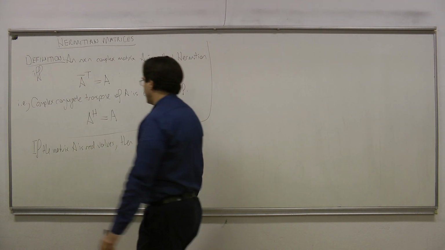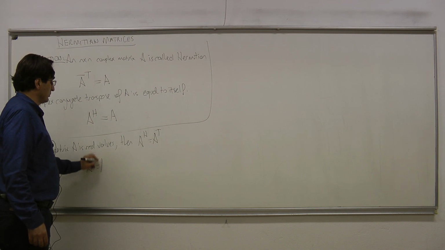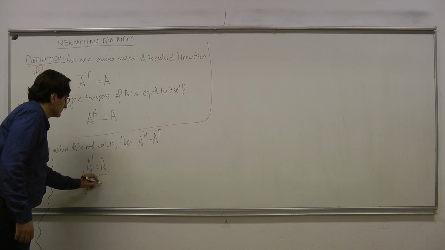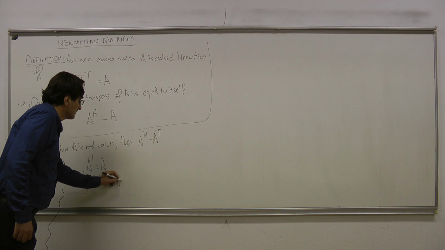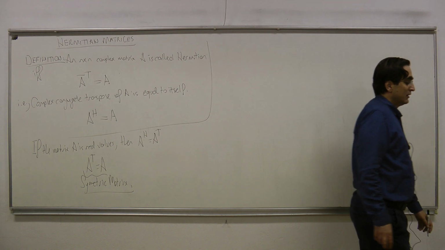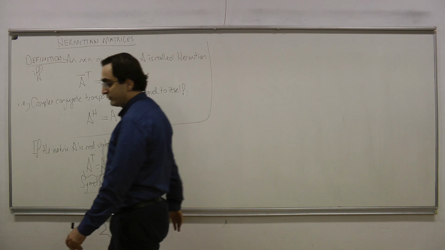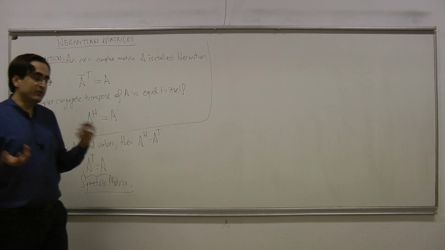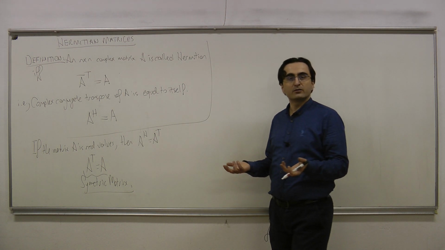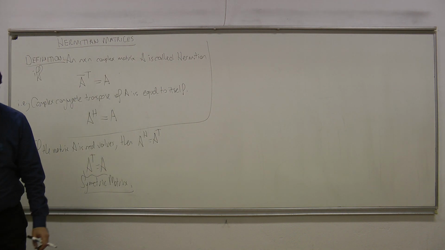So in that case, a Hermitian matrix means that A transpose is equal to A. But this is the condition for a symmetric matrix. So we see that if a Hermitian matrix has all of its elements real, then that matrix is going to be symmetric. So a Hermitian matrix is therefore a generalization of the symmetric matrices. Symmetric matrices are a special case of the Hermitian matrices.